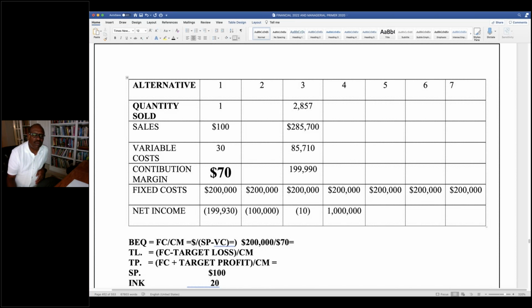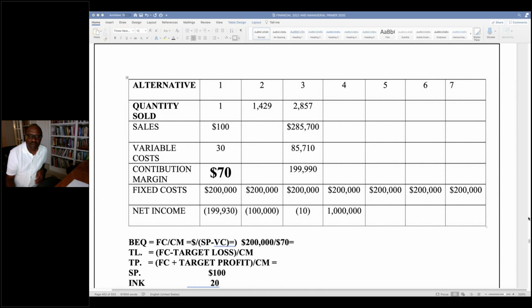I have 1,429. The actual number was 1,428.57, which I rounded to 1,429. That's fine.